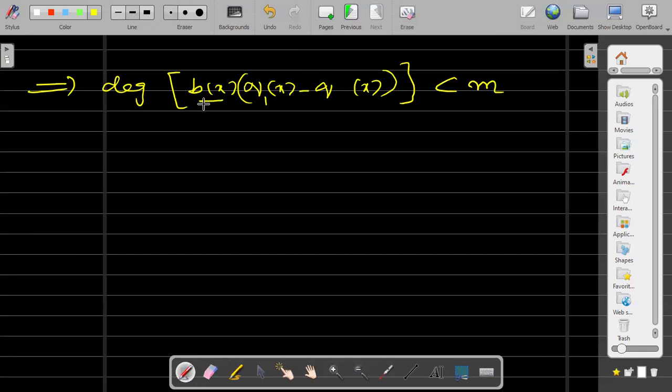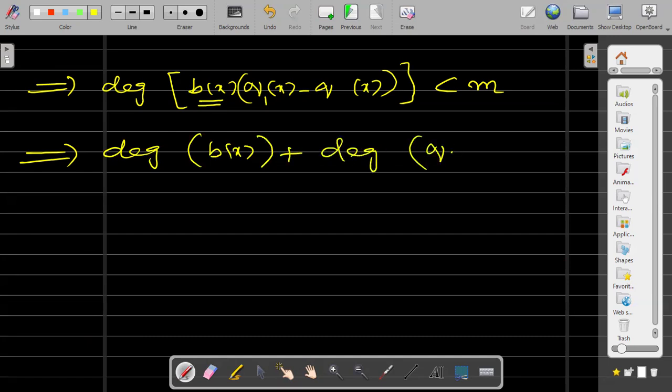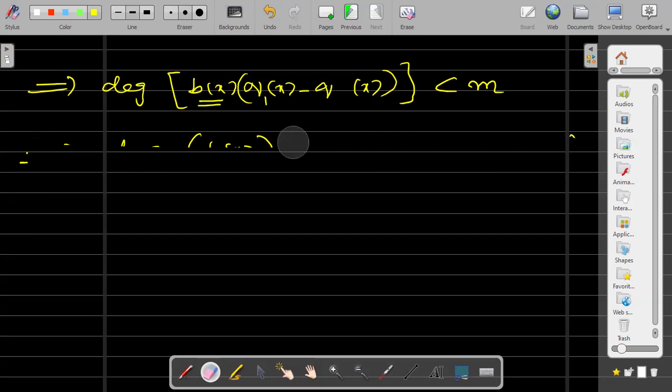But what is degree of b(x)? It is exactly equal to m, and since we are in an integral domain, this means degree of b(x) plus degree of q1(x) minus q(x). My claim is that this must be 0.